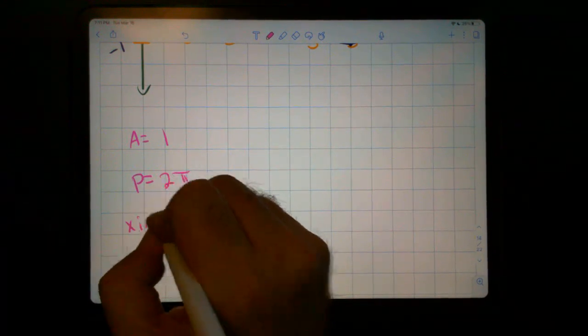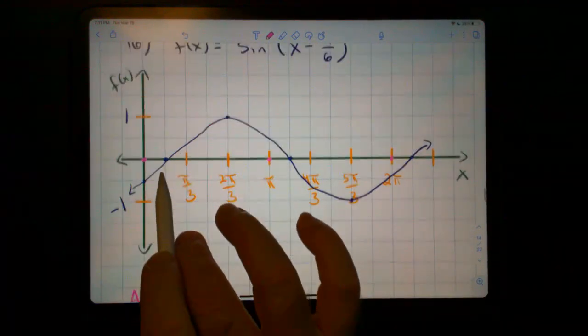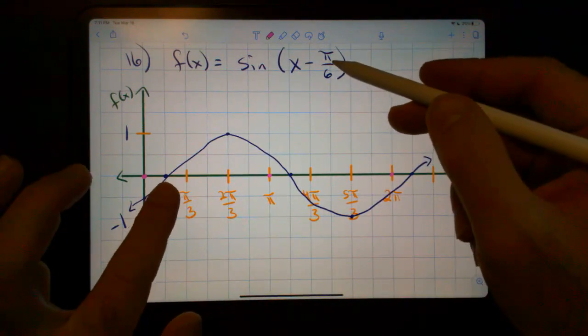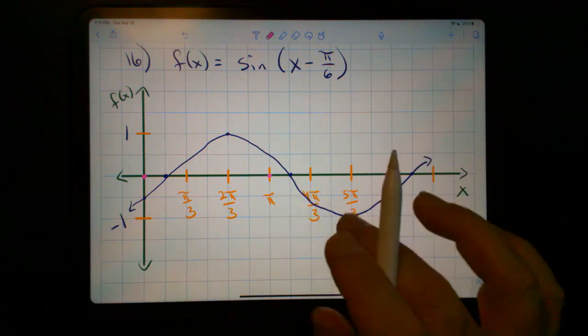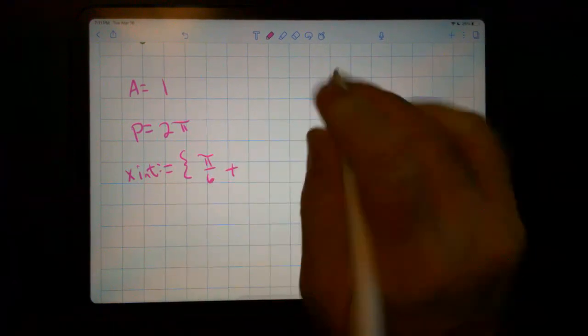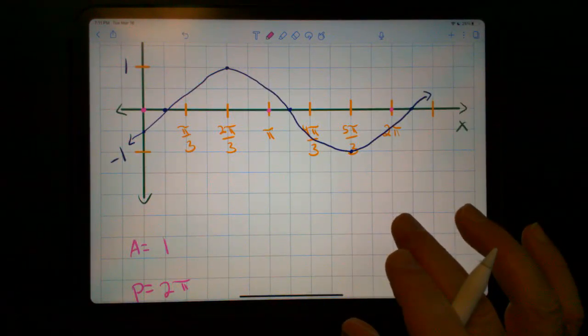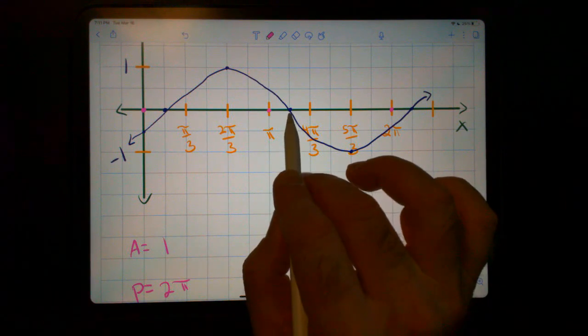And the x-intercepts are going to be at pi over 6 plus 7 pi over 6.